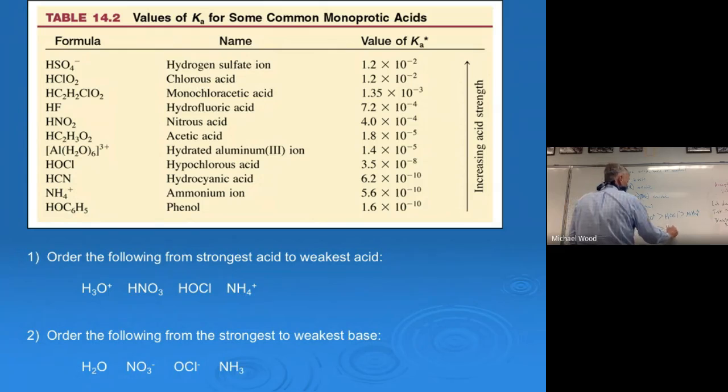And then water is the dividing line for the conjugates. The stronger conjugates are going to be a stronger base in water, and they're going to hydrolyze water. That's why we can do a problem like those couple we did in class. But the conjugate base of a strong acid is such a weak base that it can't hydrolyze water.